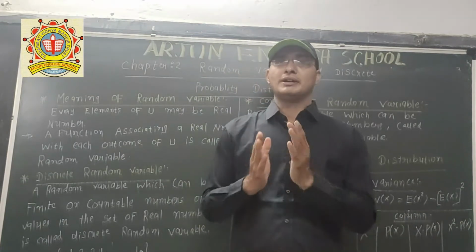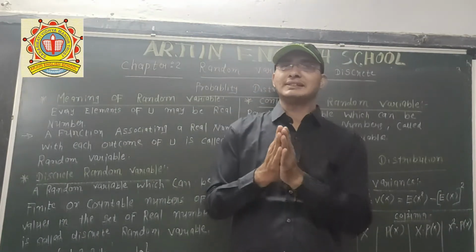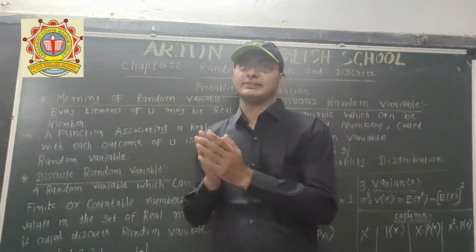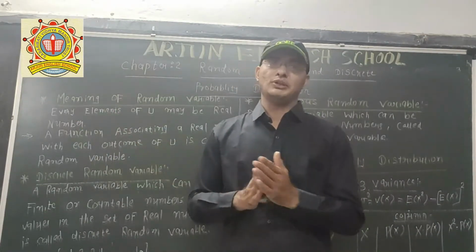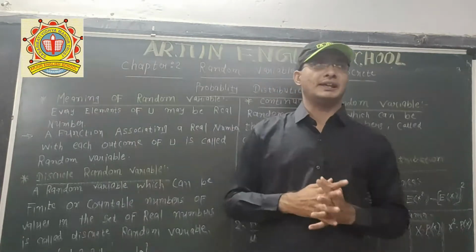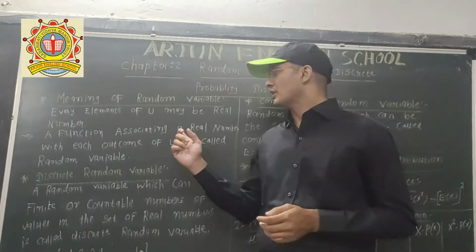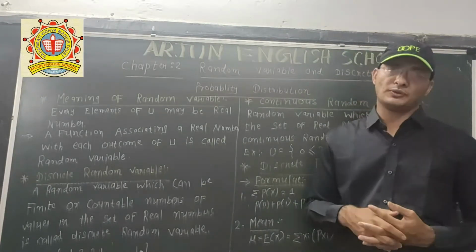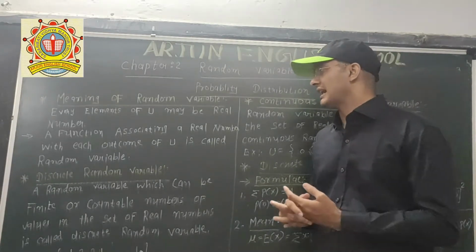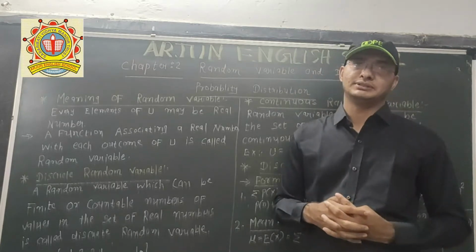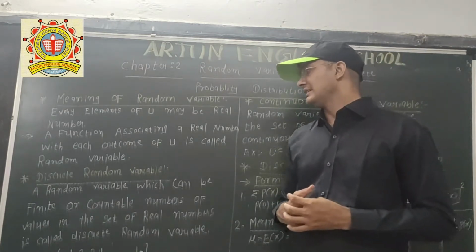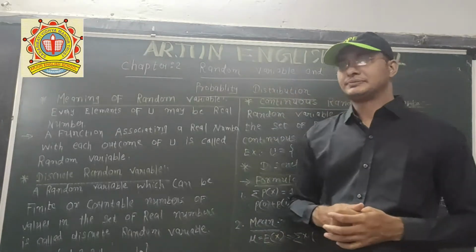Okay, but the passing mark is 35%. It means 35% or more, they have passed the exam, and below 35% they fail the exam. So it is a function of associating a real number with each outcome of it. It is called a random variable. Simple.